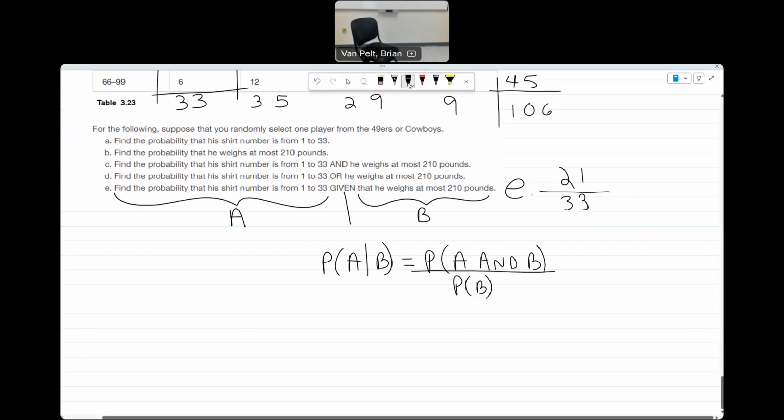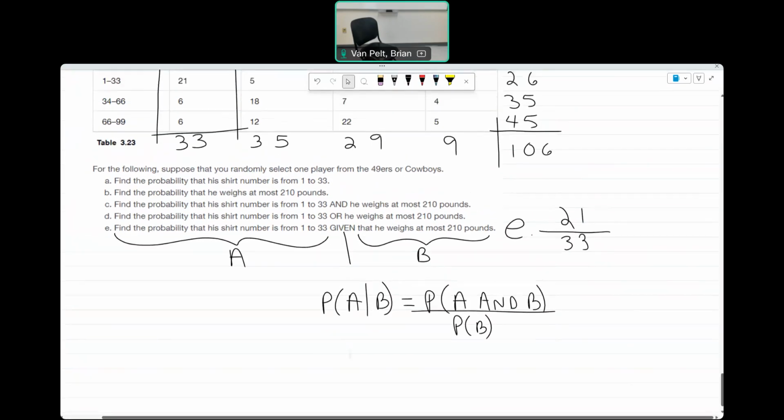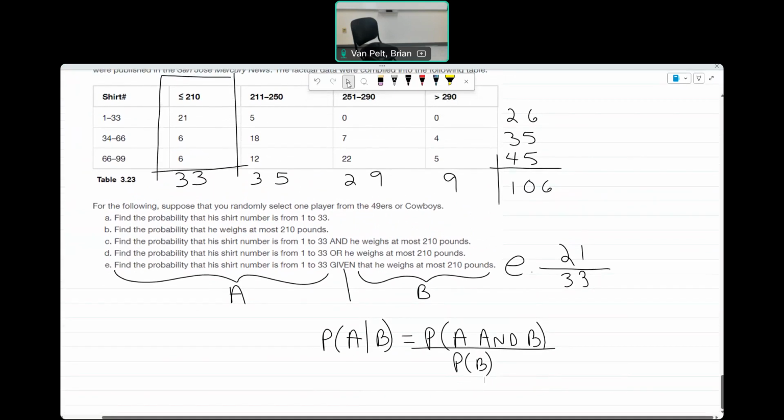So this is used in the formula. Let's see if we can figure out A and B.